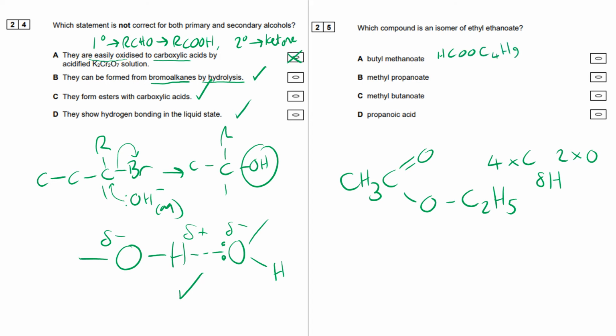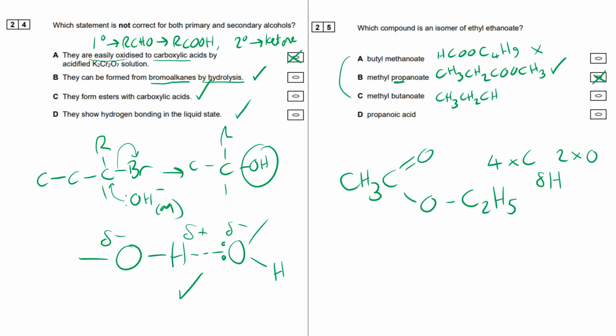it's got 5 carbons, it can't be butyl methanoate. Methyl propanoate, you've got CH3, CH2, COO, so you've got prop, which has 3 carbons, and then the methyl group, which has a carbon. So methyl propanoate is an isomer of ethyl ethanoate. Methyl butanoate, just like A, has got 1 too many carbons in.